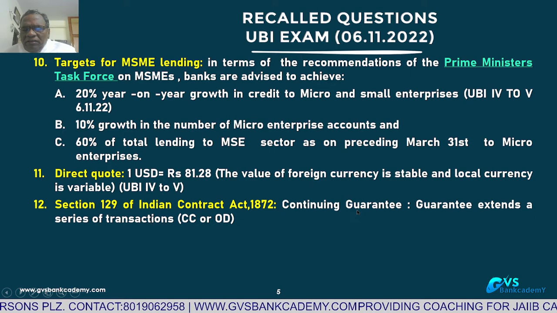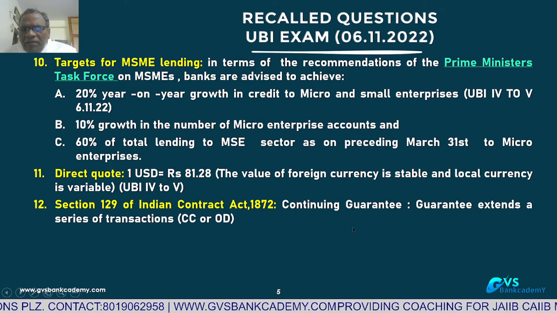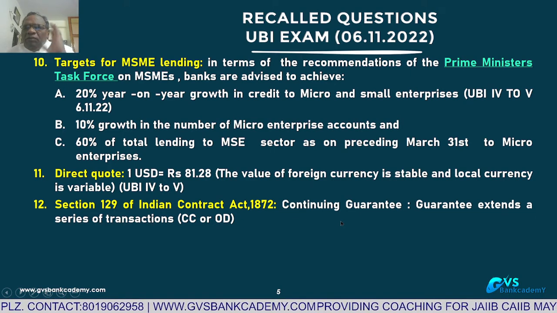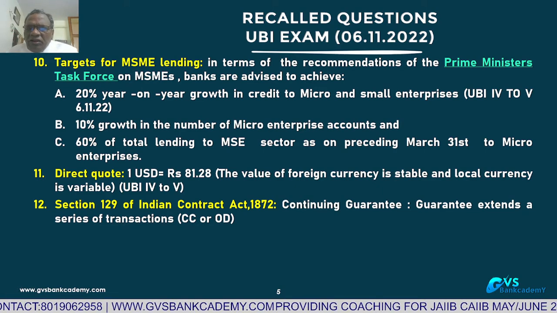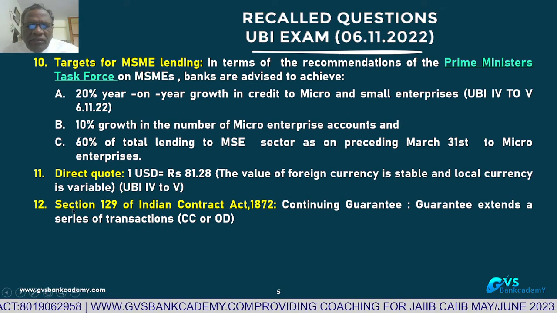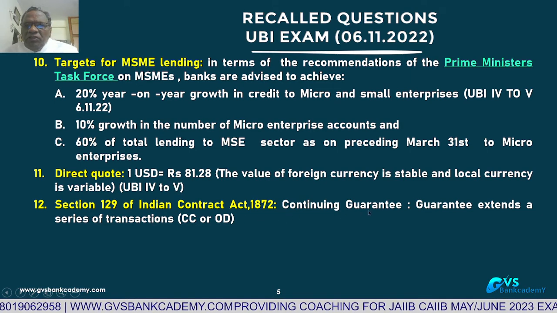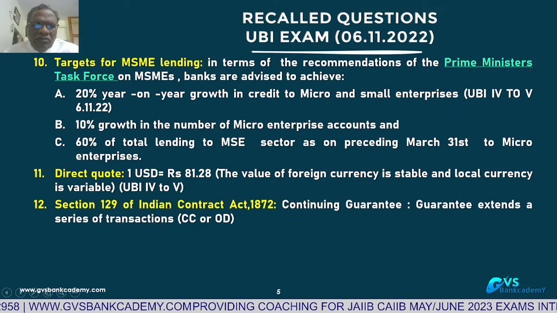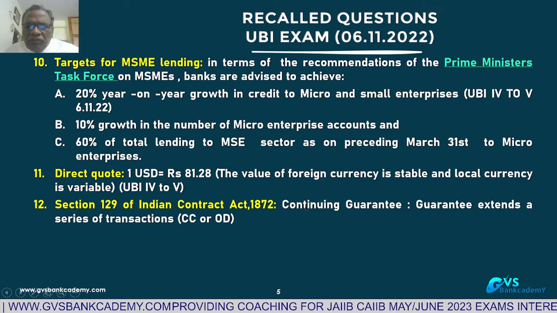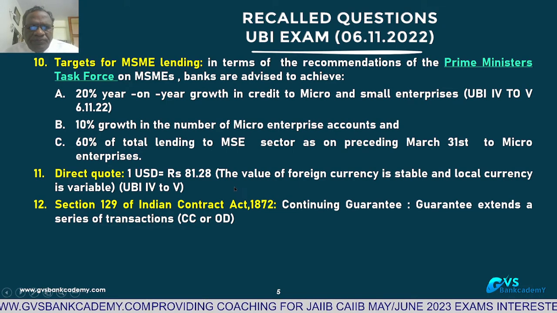Specific guarantee. Specific guarantee means a guarantee extended to a term loan. Here the amount is fixed. That's why it is called specific guarantee. What is the exam question? What is meant by continuing guarantee? How can it be cancelled? That is the question. Important question, simple question, difficult question.